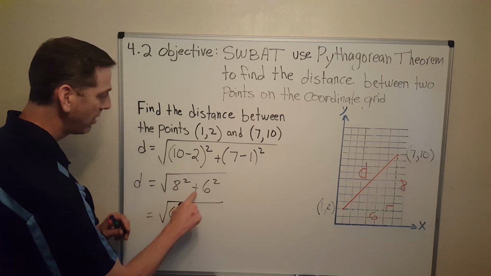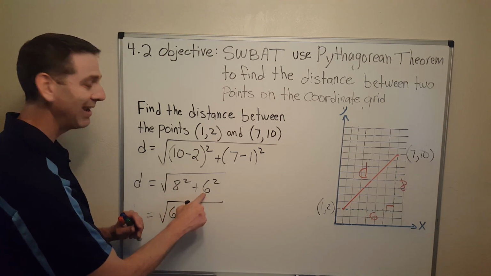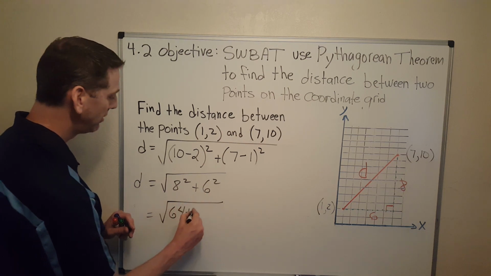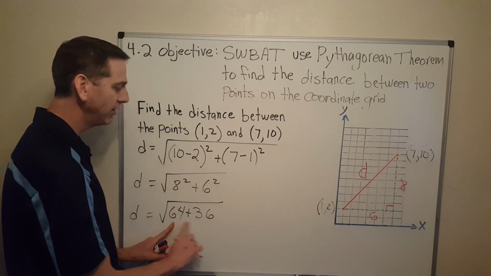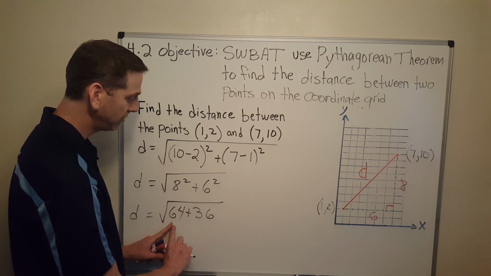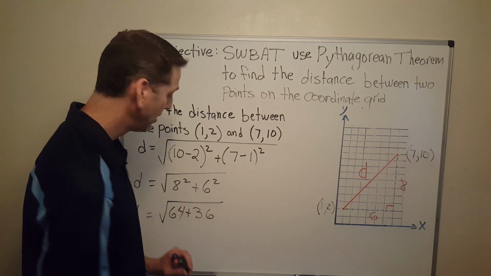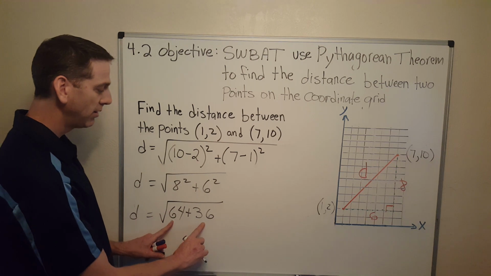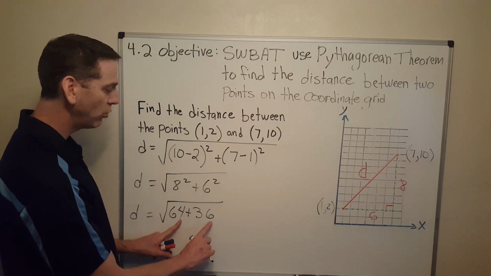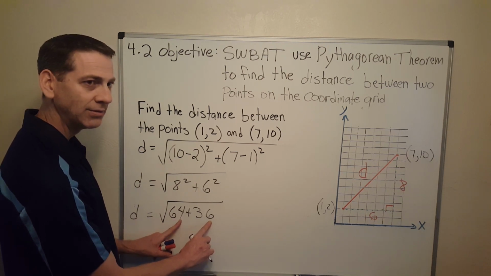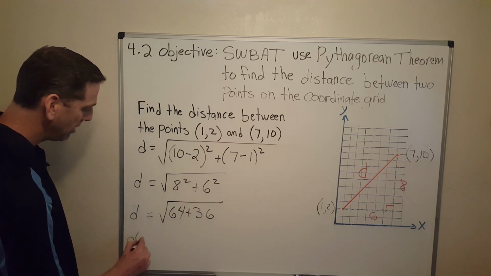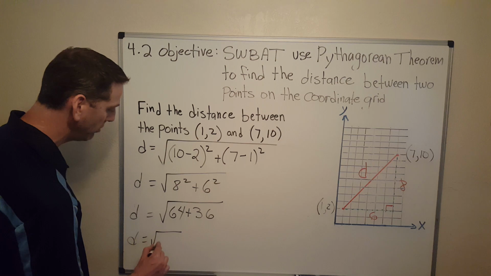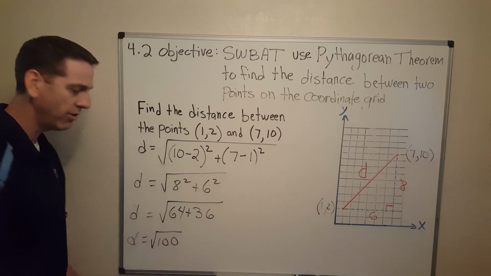You got it. Plus 6 times 6, which is 36. Now I just need to do this addition. 64 plus 36. Well, 60 plus 30 is 90, and 4 plus 6 is 10. So 90 plus 10 is 100. So I get D equals the square root of 100.